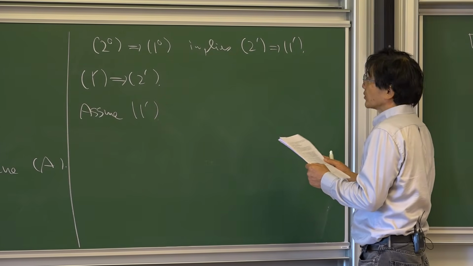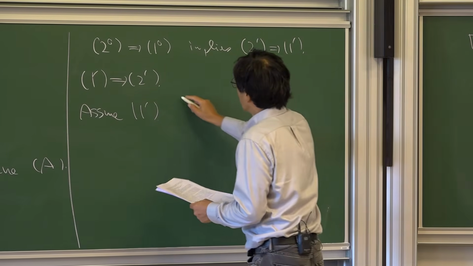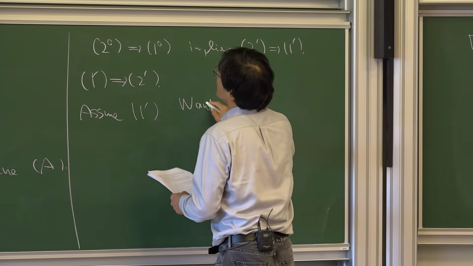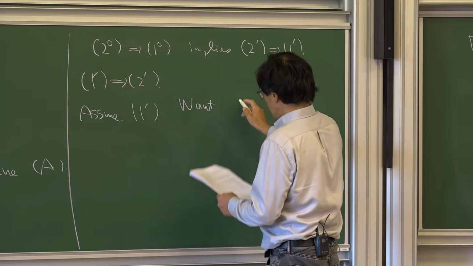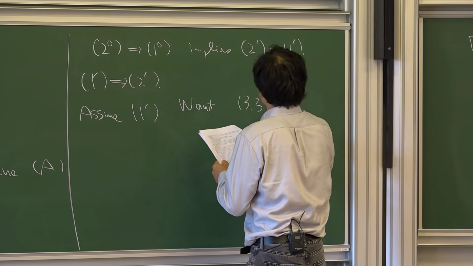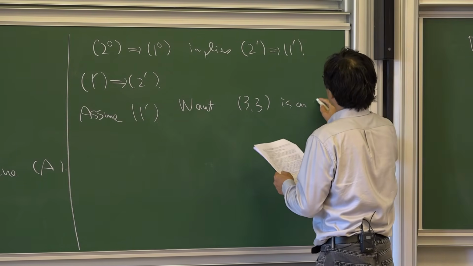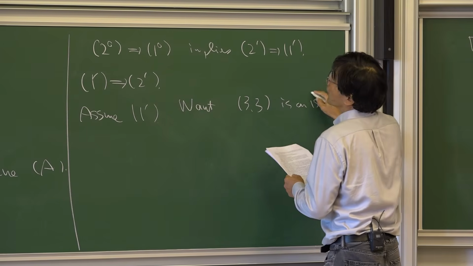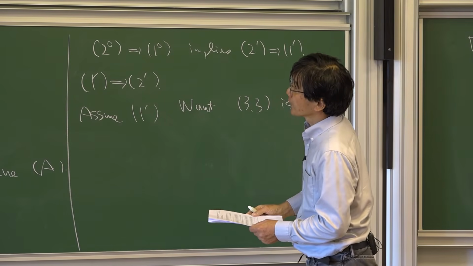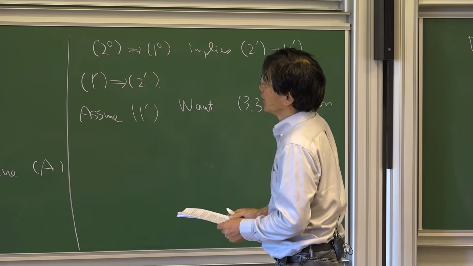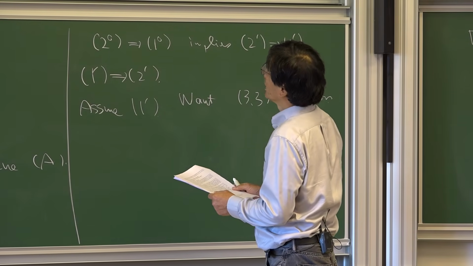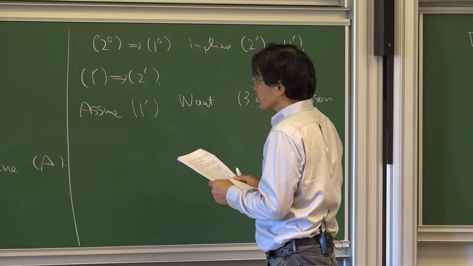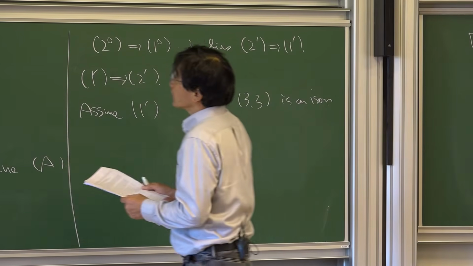And we want to show that 3.3 is an isomorphism.